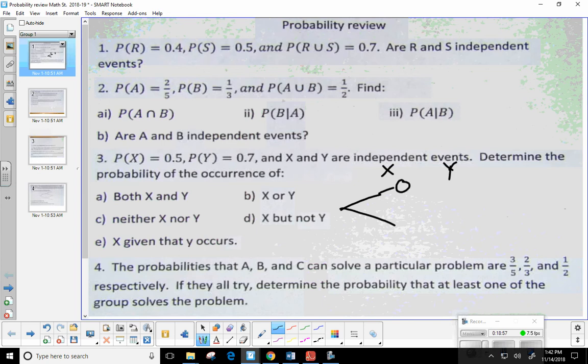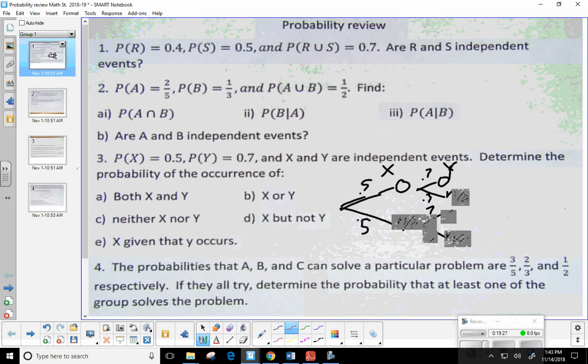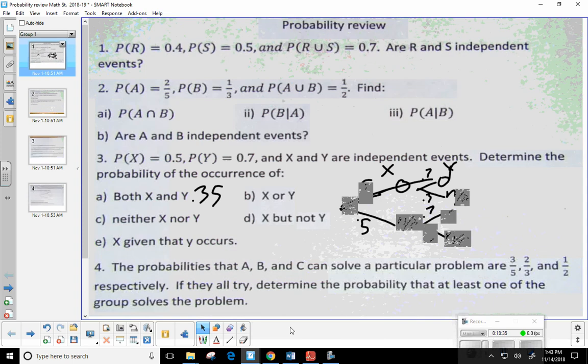Okay. Do occur and do not occur. Okay, nice. There you go. You're going to go across the top branch. 0.35. That's exactly right.